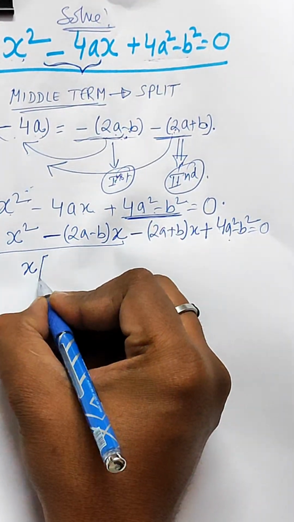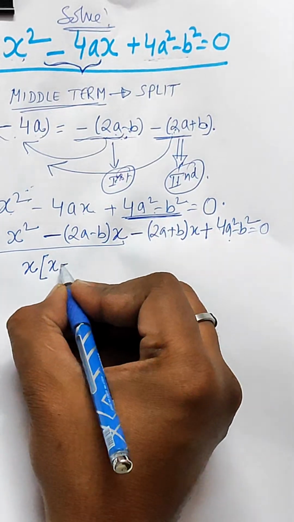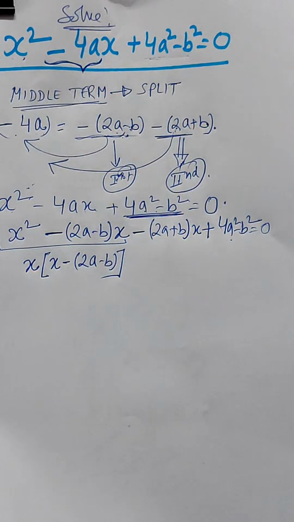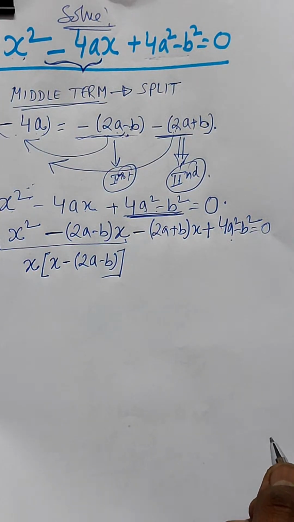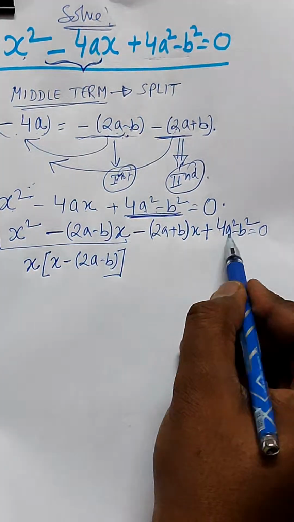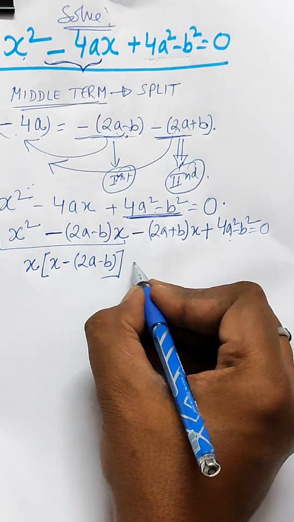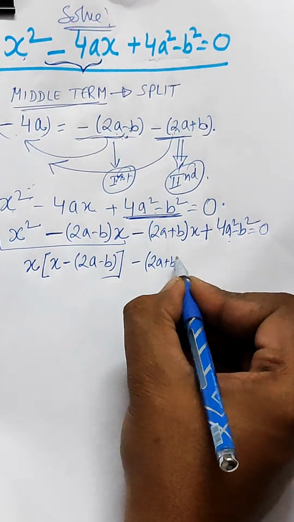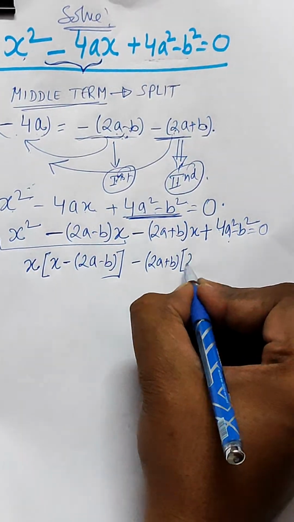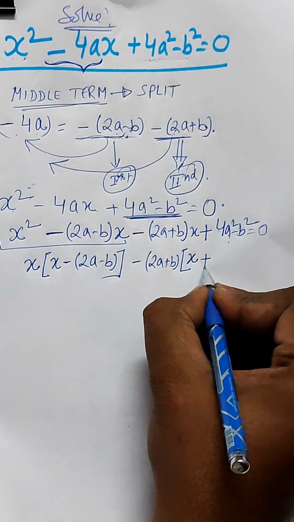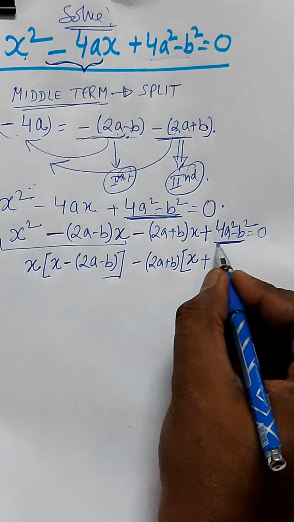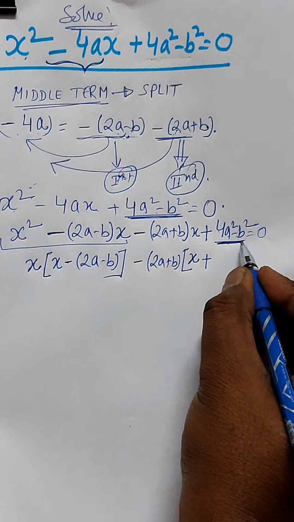Now, from these two terms, take x as common. So we will have x minus 2a minus b, right? And from the third and fourth terms, when you take minus times 2a plus b, you will have x plus what is left? You can see 4a square minus b square.